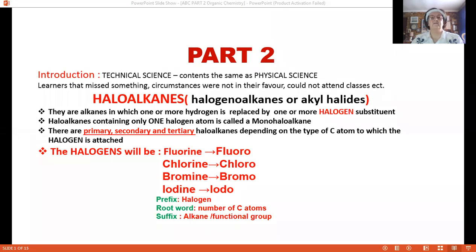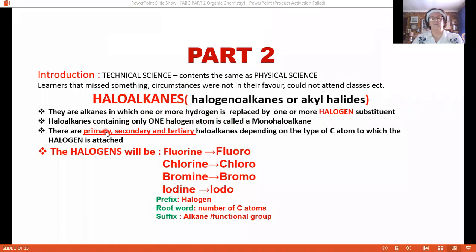Now, let us look at haloalkanes. The haloalkanes, also called halogenoalkanes or alkyl halides, are those alkanes where one or more hydrogens are replaced by a halogen substituent. You know halogens are in group 7. We also get monohaloalkanes where there's only one halogen.